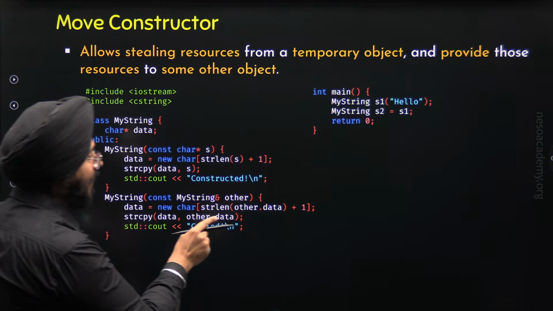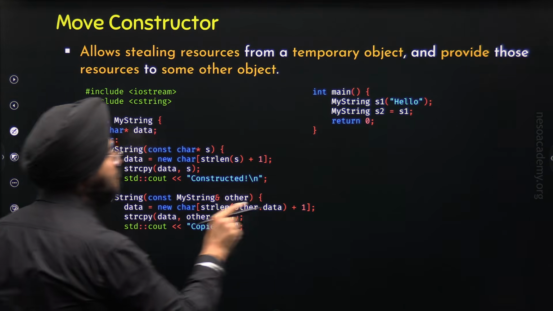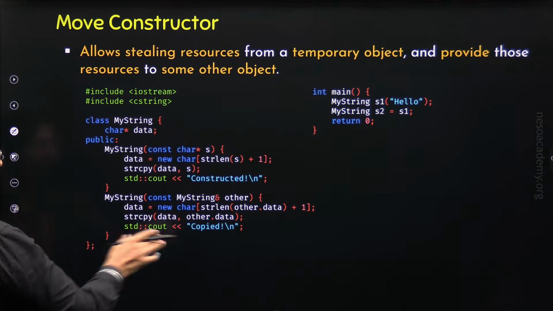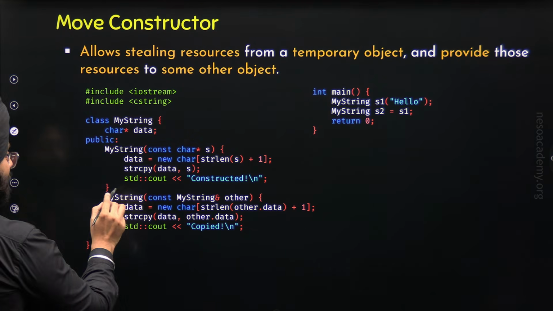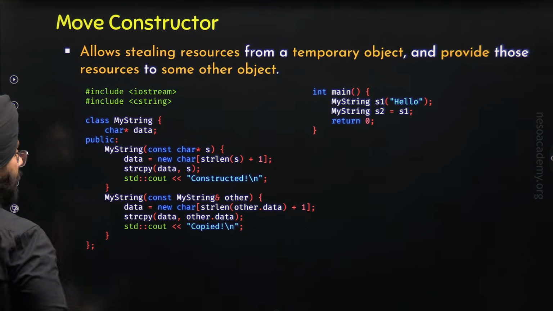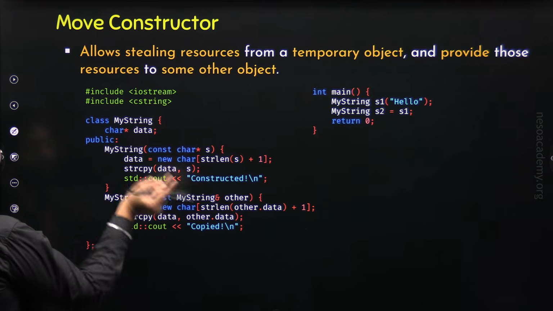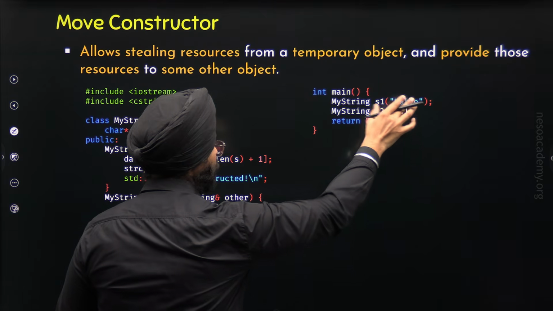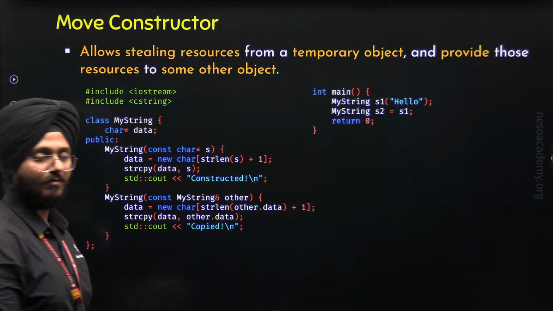Now s2.data is pointing to a new array with 6 blocks, where each block can hold a character. Through strcpy, I am copying s1.data to s2.data. This means I am copying this string to the new array.